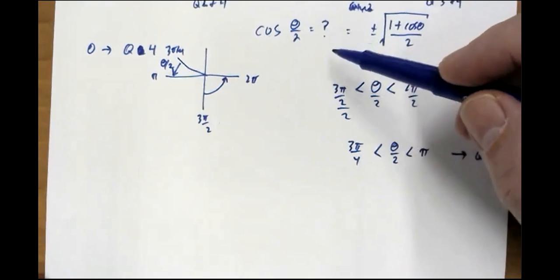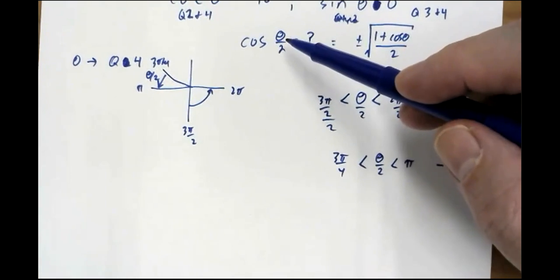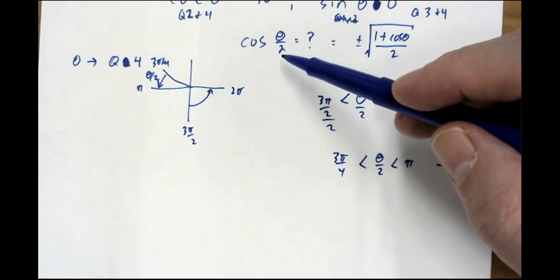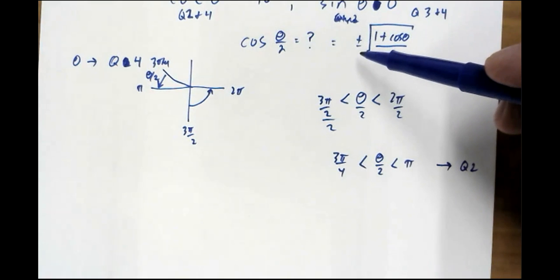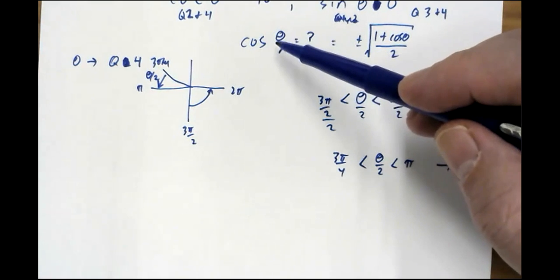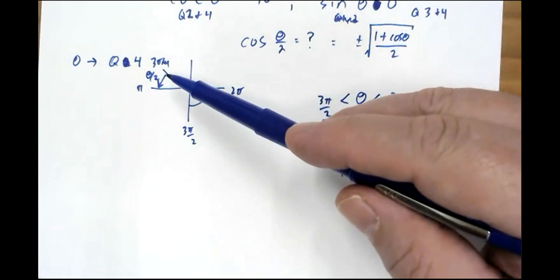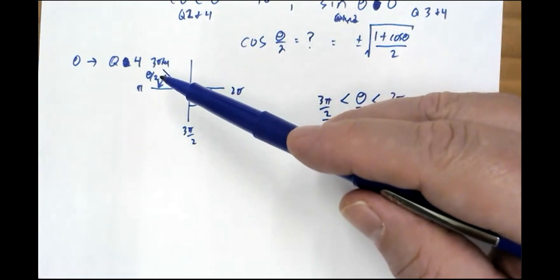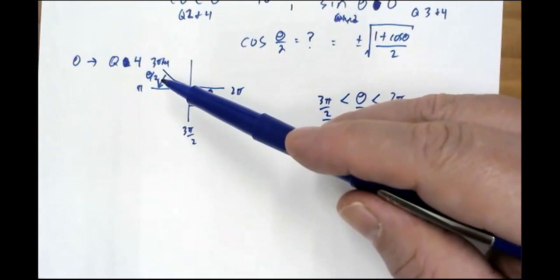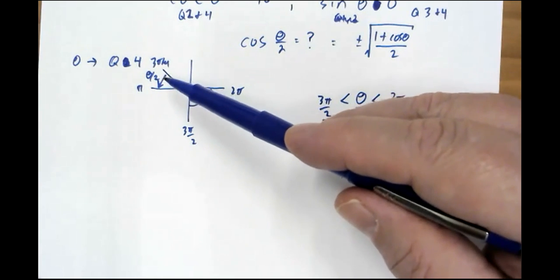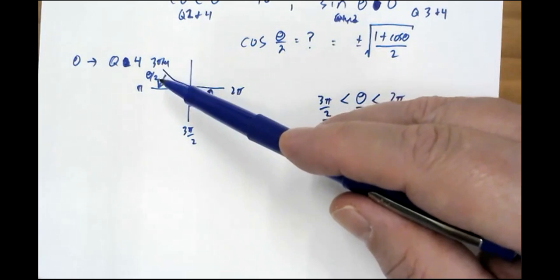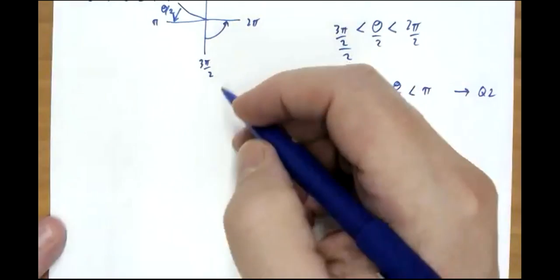So that means when I go get my formula for the half angle, the cosine of the half angle, it can be plus or minus. But if I'm doing the cosine, what does it always have to be in quadrant 2? A positive or negative number. In quadrant 2, which is where my half angle is, cosine is always negative.